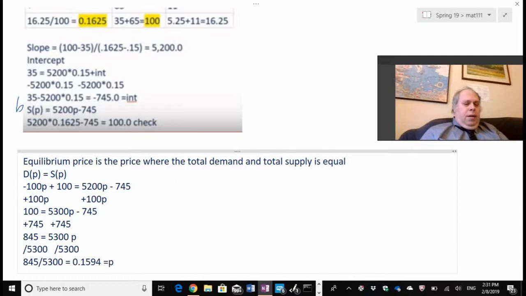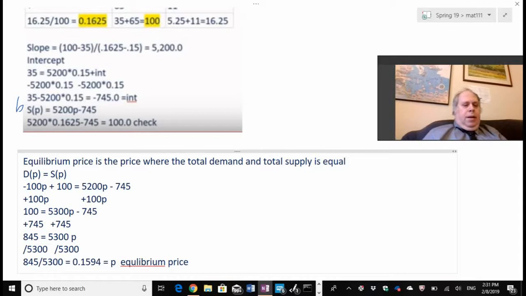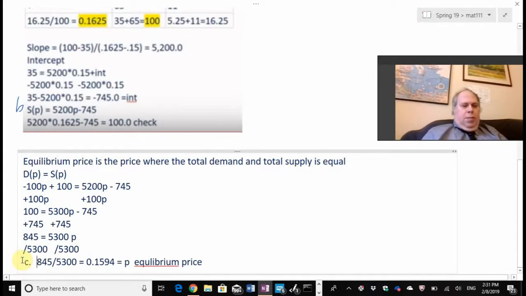And that's going to be P, which is the equilibrium price. So that tells me, and that's the answer to part C, what is the equilibrium price?